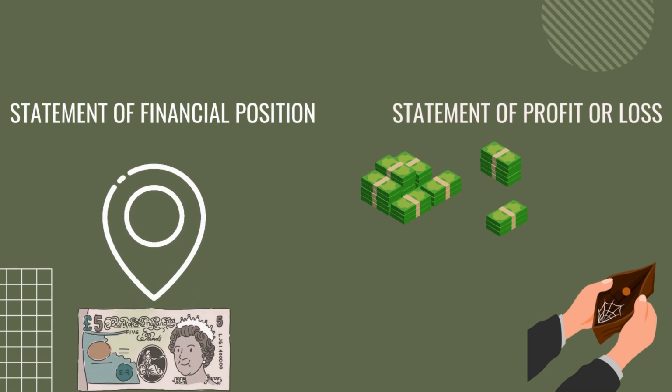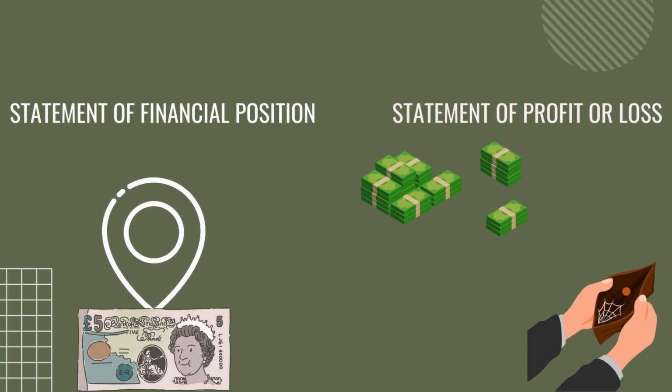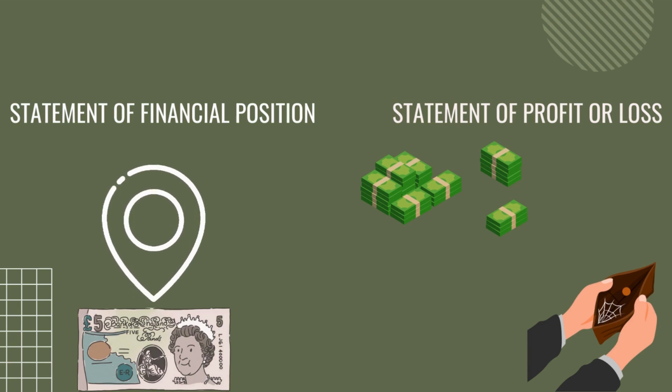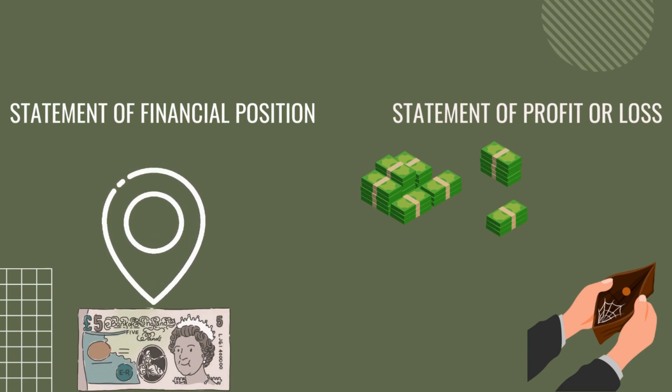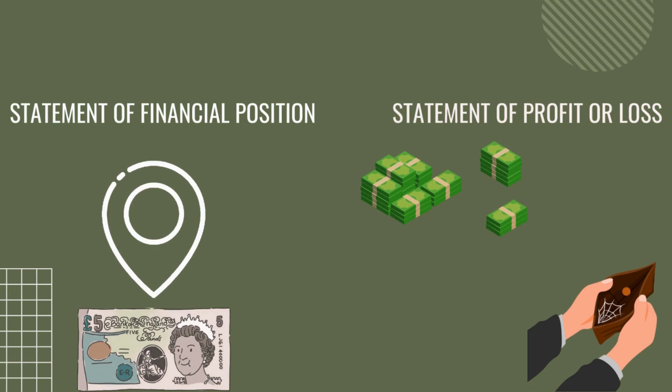So that's why you have to look at both parts, short term and long term. And basically, the statement of profit or loss, in summary, is showing you the revenues and the costs of the business. And from the revenues minus the costs, it shows if the business is making a profit or a loss.